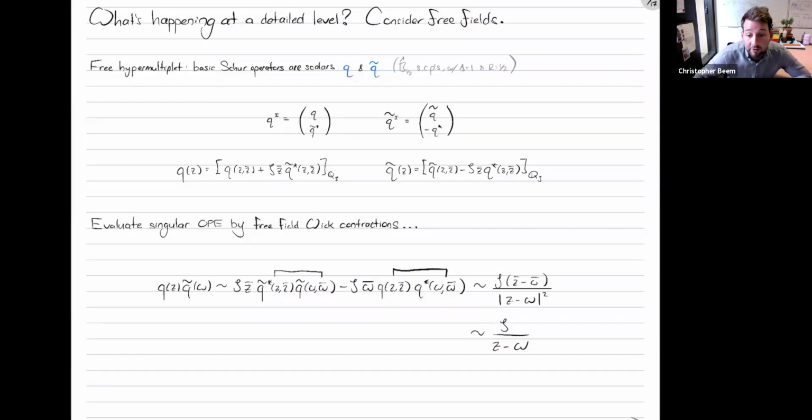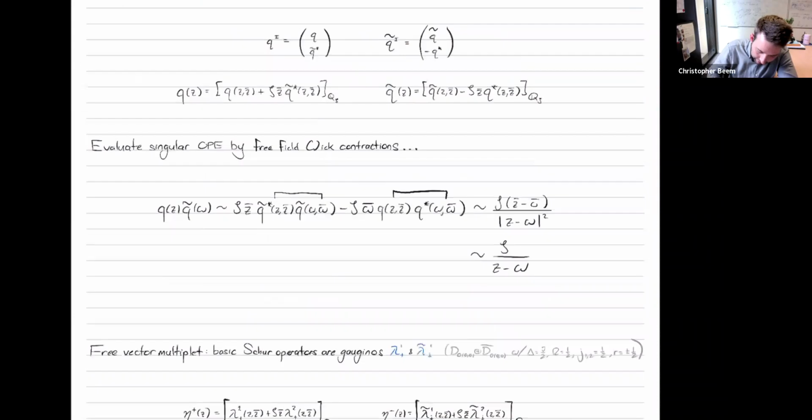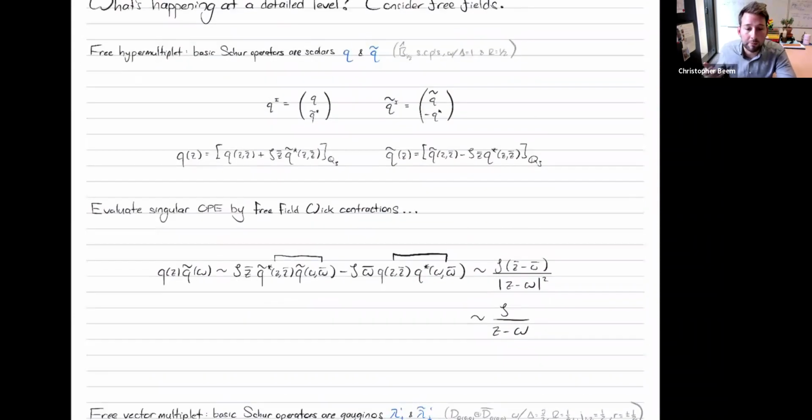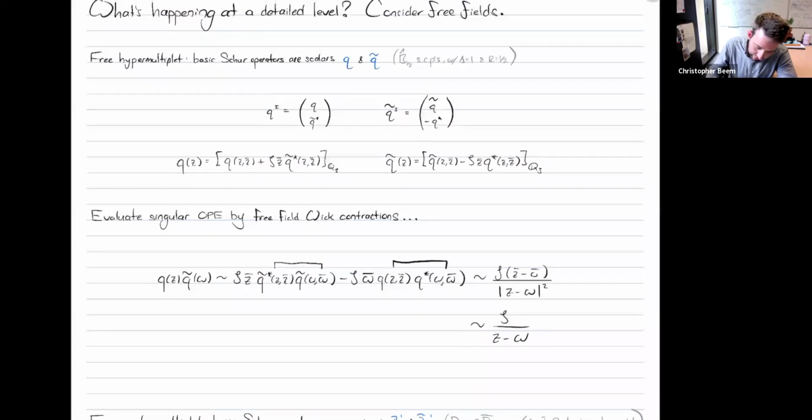I'm going to focus on the singular terms in the OPE because they're somehow the most important down the line. And we can just evaluate the singular OPE by hand doing free field Wick contractions. You're going to get a singularity from when this Q tilde star hits this Q tilde, and from when this Q hits this Q star. And of course, it's just free scalar field theory in 4 dimensions.